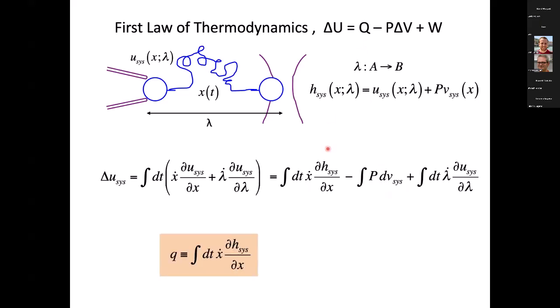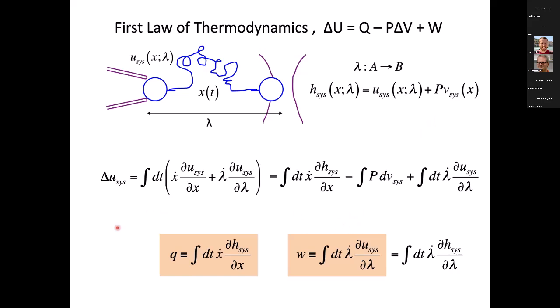So let me define the heat to be the time integral of x dot dH_sys/dx, and work to be the time integral of lambda dot dU_sys/d lambda. So these are these two terms over here. But I can rewrite that second term as the integral of lambda dot times dH_sys/d lambda. Again, I can do that because this quantity doesn't depend on lambda.